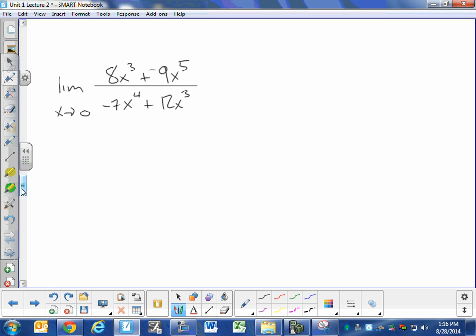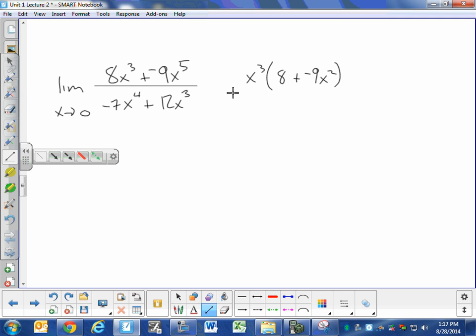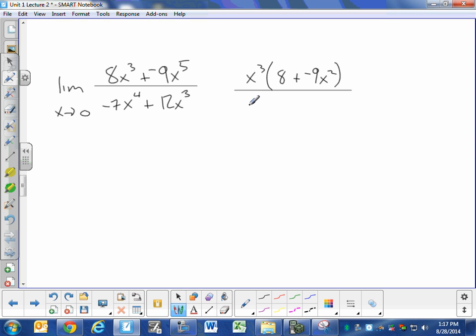All right, what's the trick, Miss Coffee? What do we have to do? Take out the x cubed. Yes. Top and the bottom. Factor out x cubed. And then what happens next? They cancel.